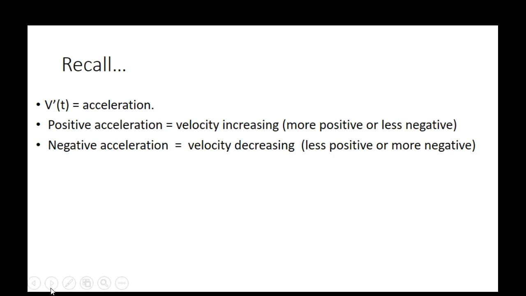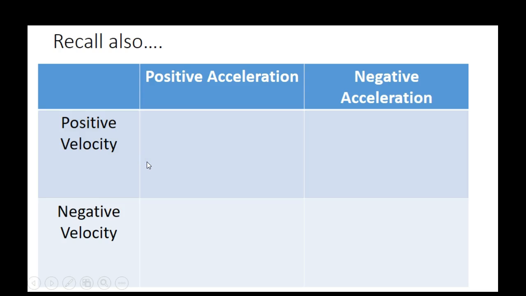All right, so something that we talked about a little while ago is this little table here. And the way I exemplified this to you was with a man running, or a woman, and then somebody pulling on that person with a rope. Remember that? Yeah. The rope is the acceleration and the person running is the velocity. So if I'm running to the right, what's my velocity? Positive.